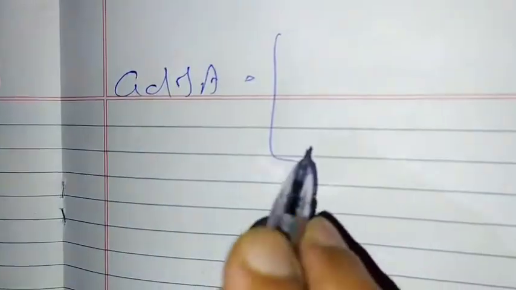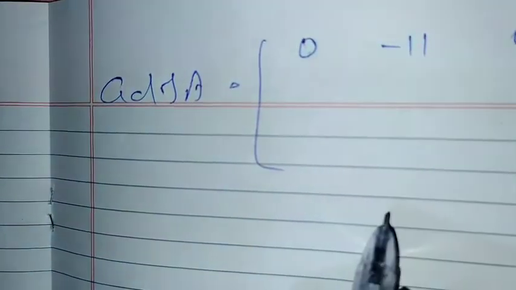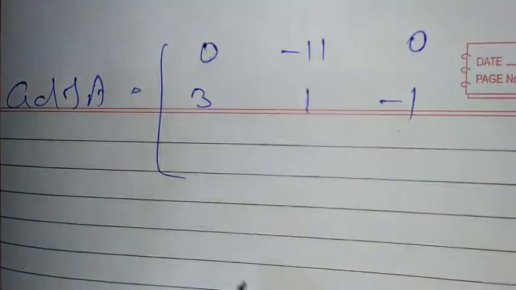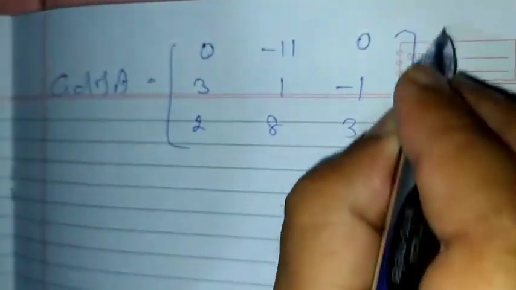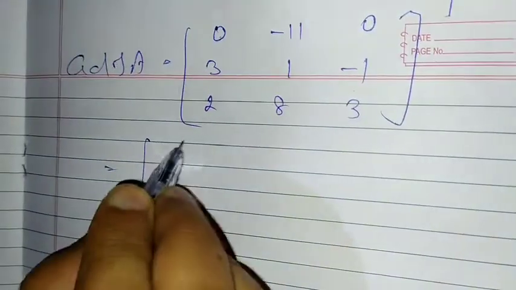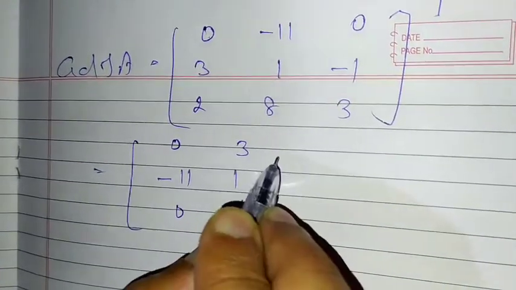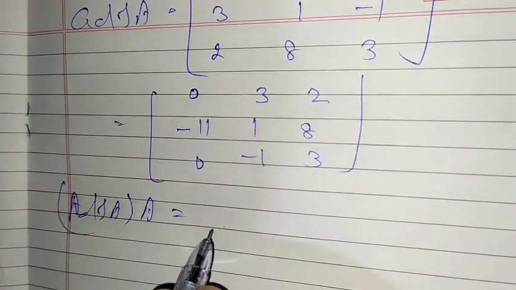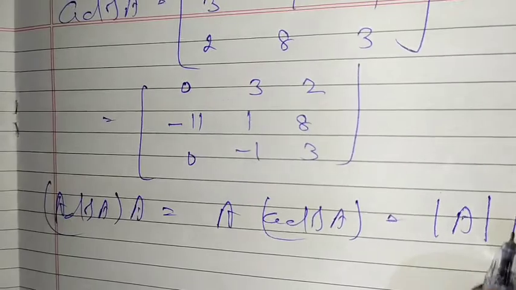Now write down the cofactors: minus 11, 0, 3, 1, minus 1, 2, 8, 3, and the transpose of this. Now this is the adjoint of A. We have to find adjoint of A into A and A into adjoint of A, and then make determinant of A into identity.